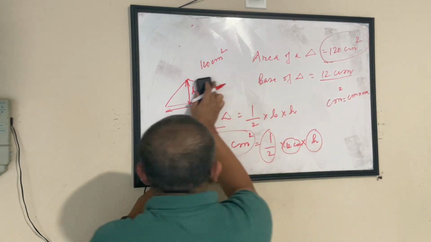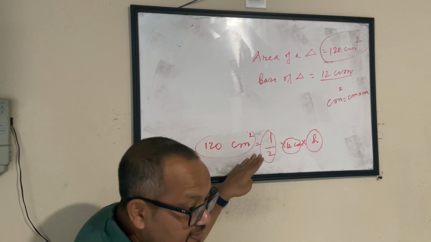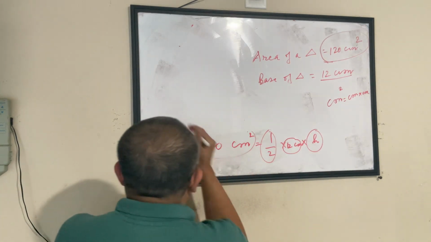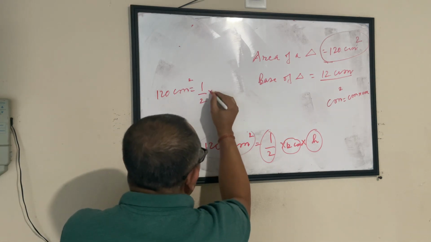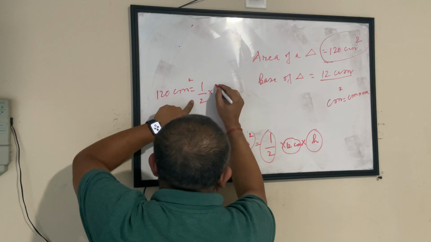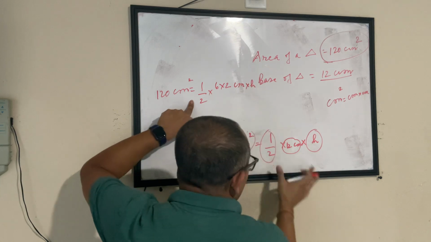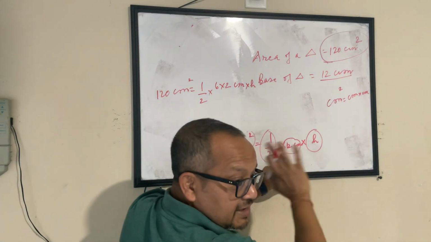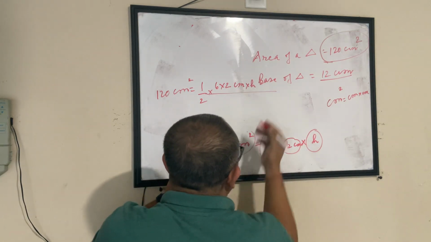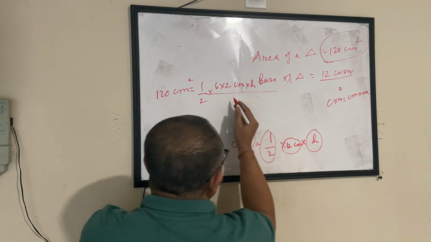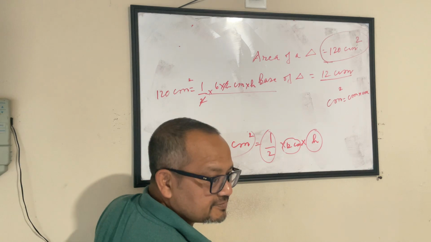Now, by substituting the values in the formula, we got 120 centimeter square equals half into 12 centimeter. 12 I can break down and say 6 into 2 centimeter into height. I'm just breaking things down. I've done nothing else. 12 I have written as 6 into 2, that's it. Now here, what you see is this 2 and this 2 I can cancel, tic-tac-toe.